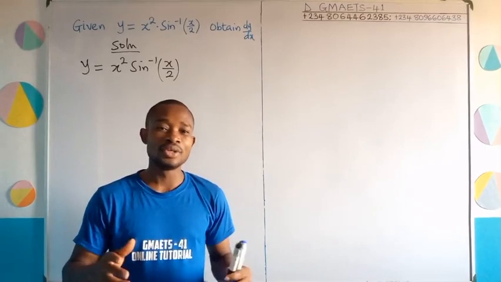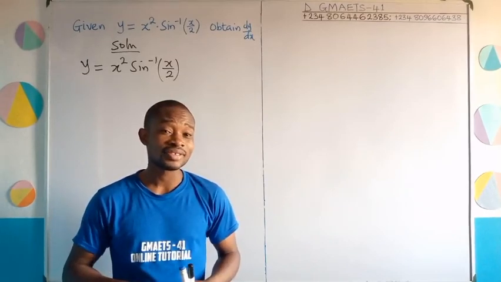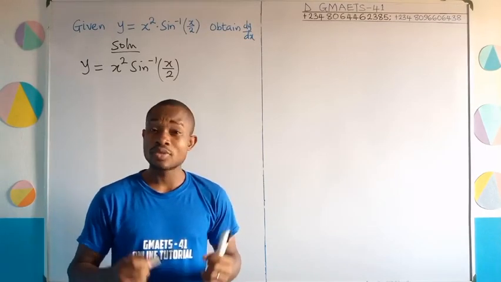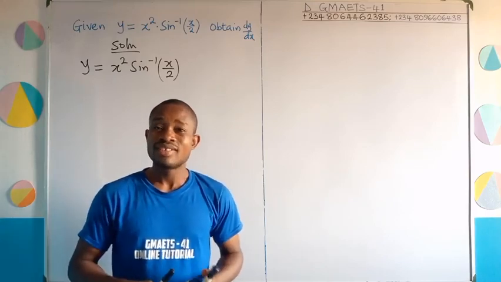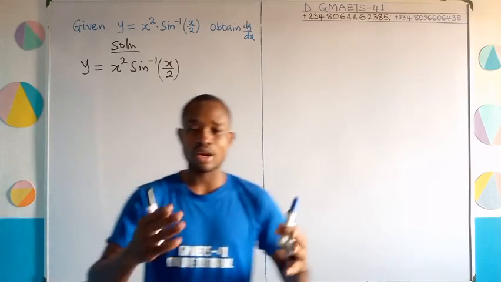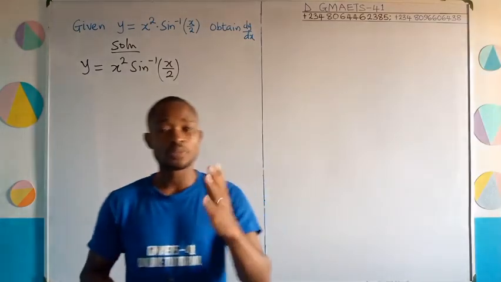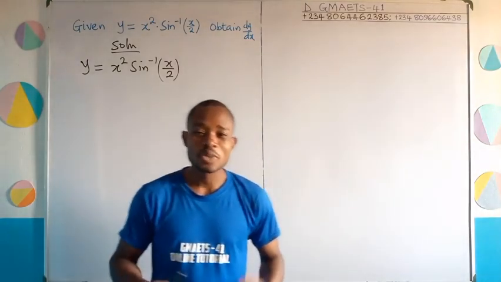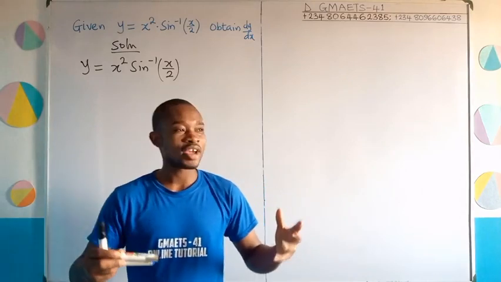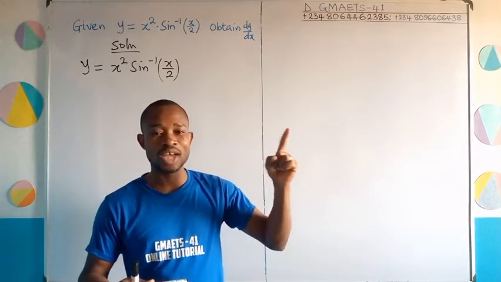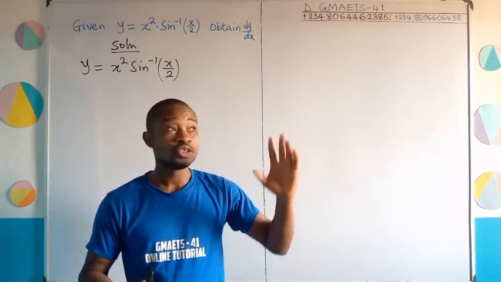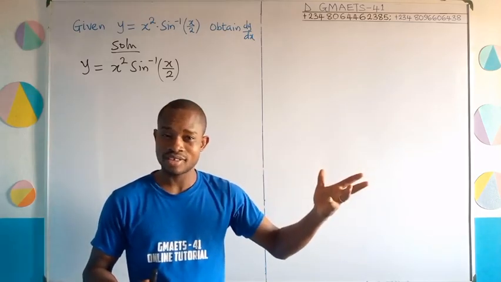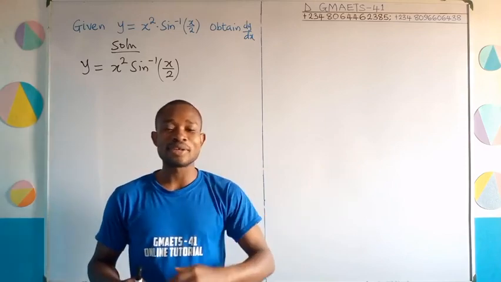Now, how do you handle this differentiation? Again, I want you to observe, like I said, that this is a product of two functions. Therefore, we need the technique of differentiation which we call the product rule. And what does the product rule state? That if you're given y equal to u times v, and you have to obtain dy dx, where u and v are functions of x, how do you go about differentiating it?